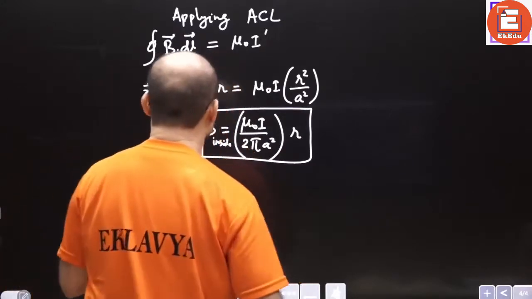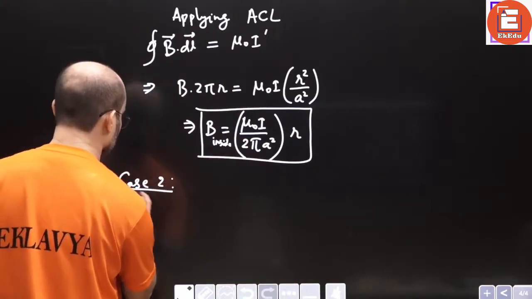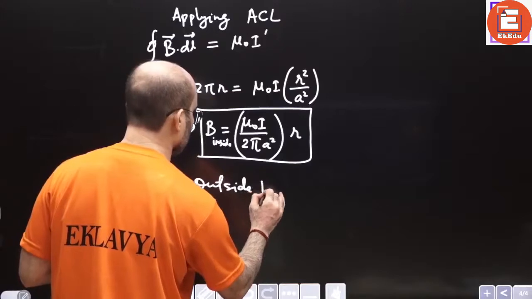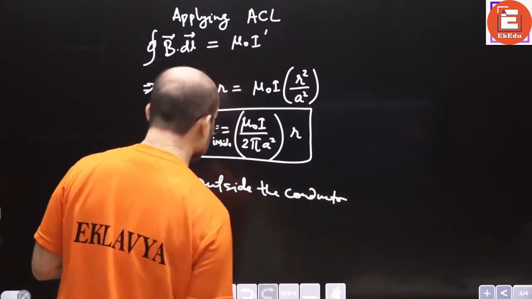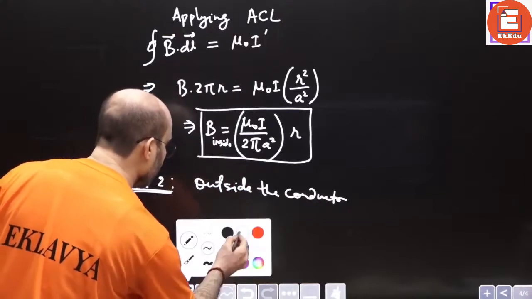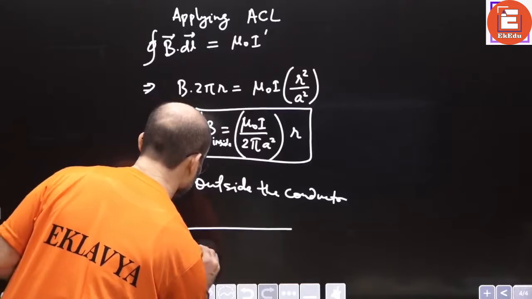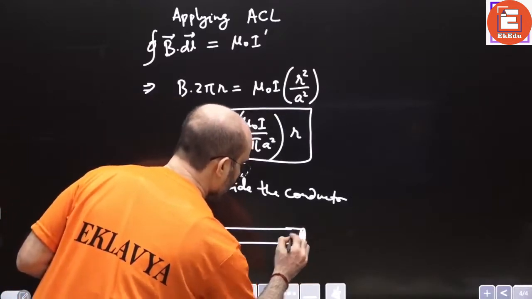Okay. Now case 2, outside the conductor. In this, what are we going to do? We have this wire and this cross section.